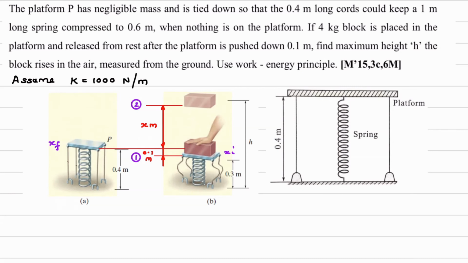Next question we will see. The platform P has a negligible mass and is tied down so that 0.4 meter long cords could keep a 1 meter long spring compressed to 0.6 meter. Okay, understand this. Here we have a platform.